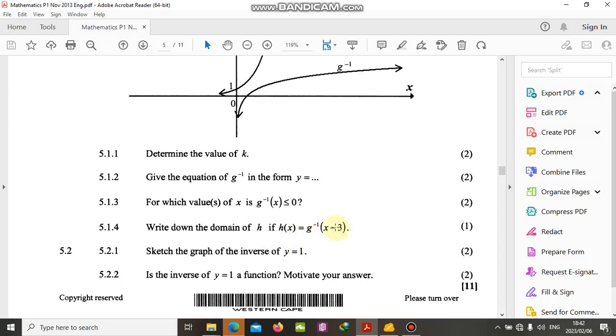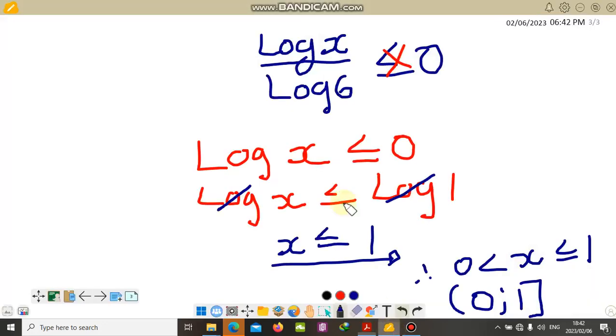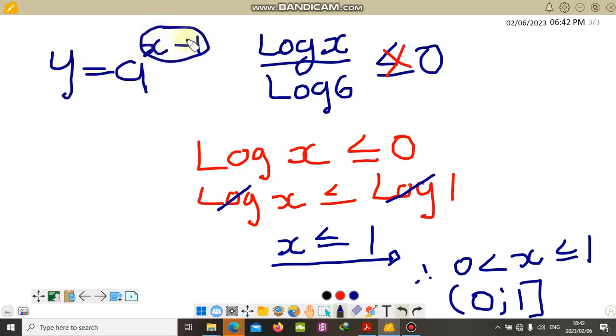So remember, guys, I told you the other day that when you have a graph like y equals a to the power of x, for example, minus a certain number in the exponent, or plus, this number is going to affect the graph. The graph will move horizontally, sideways.